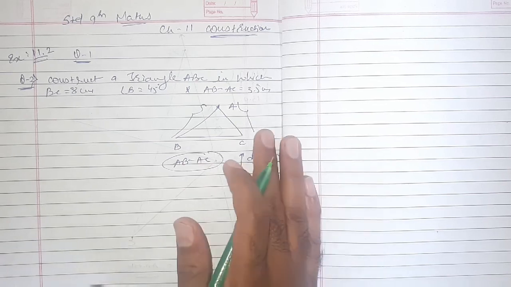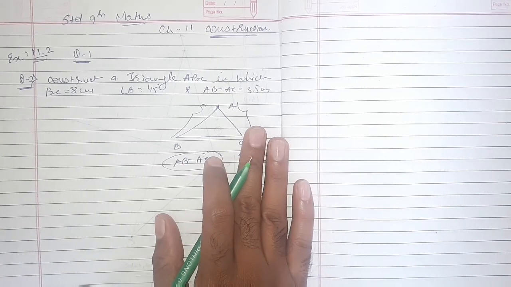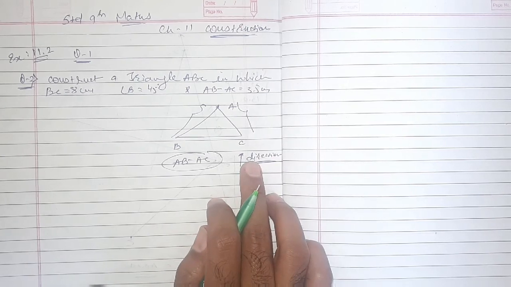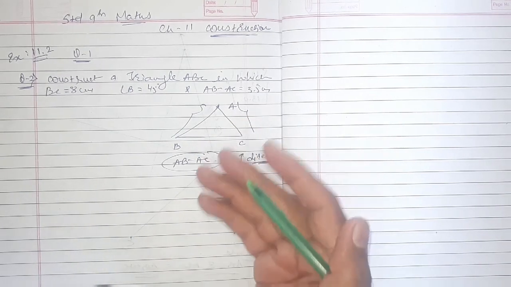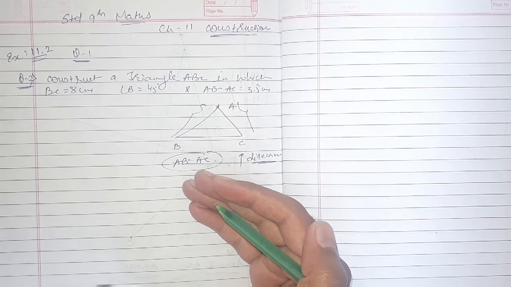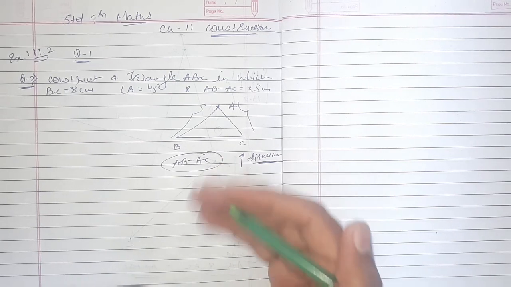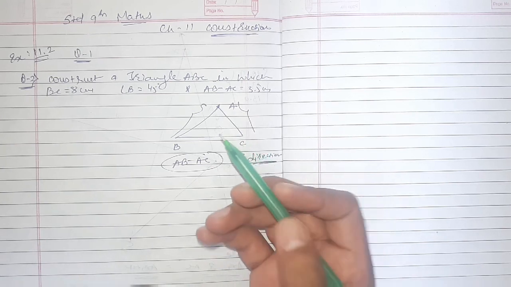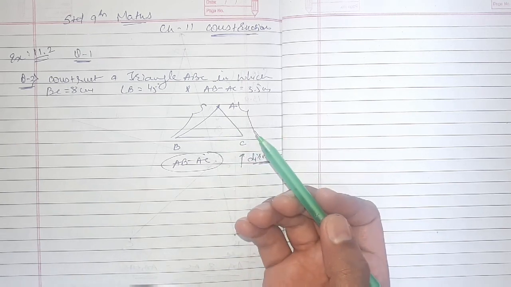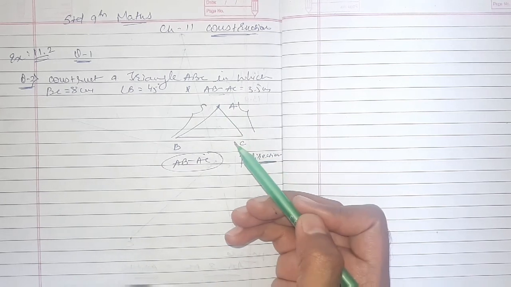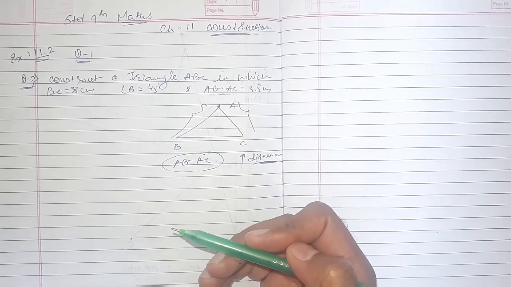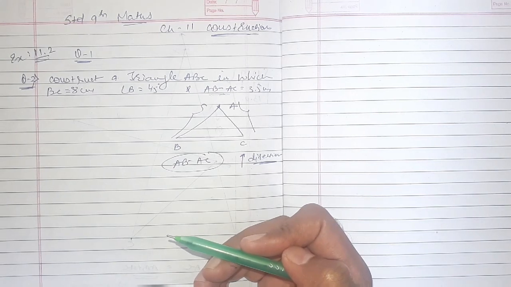In the previous session I already told you that there are two types of construction in subtraction: one with the upward direction, and the second with the downward direction.